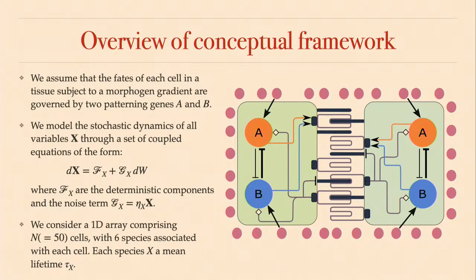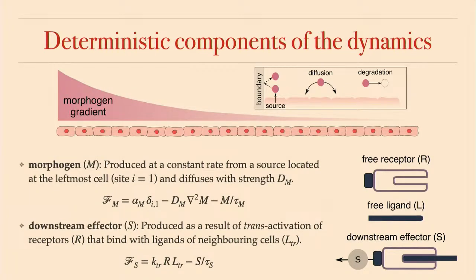Now, what are the components of the model? To begin with, the morphogen we let evolve dynamically. We have production of morphogen at some source, diffusion and degradation, and this should lead to something like this, though it will be much more noisy.